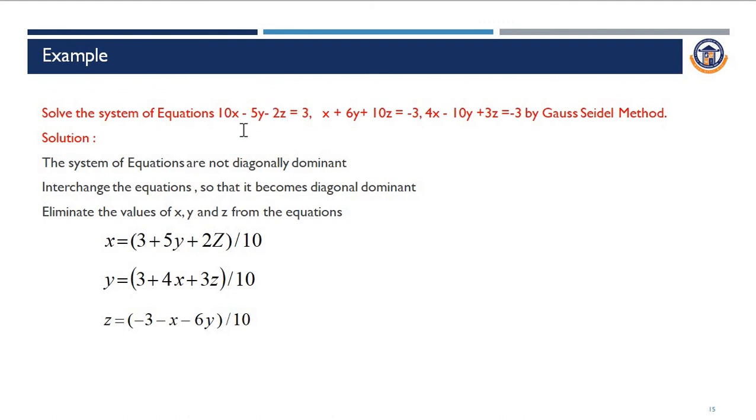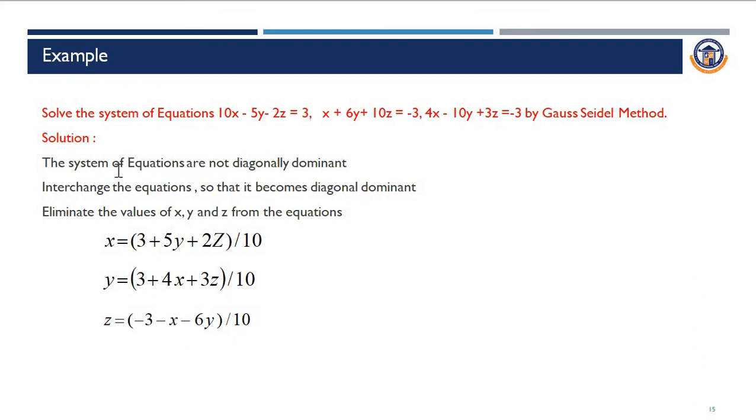Here I take the first equation as it is, and I interchange the second and third equations, so the third equation becomes the second and the second becomes the third. After interchanging, I make sure that the coefficients of x, y and z are greater than or equal to the sum of the remaining coefficients.